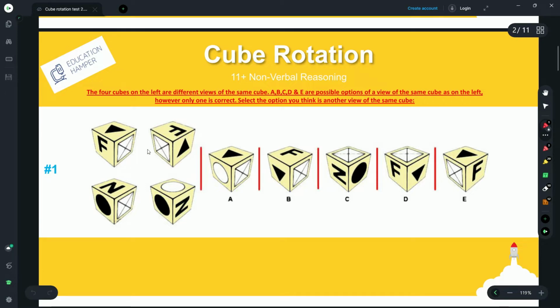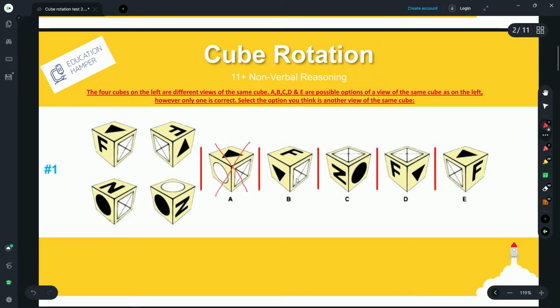Right, question 1. So we have these 4 views, these various patterns. First thing we do is try and remove the ones that are unlikely to happen. So option A here, we have a circle, a square with the cross, and a triangle. Do we see one of these patterns with all 3 of these shapes in there? No, we don't, so we can automatically rule that one out.